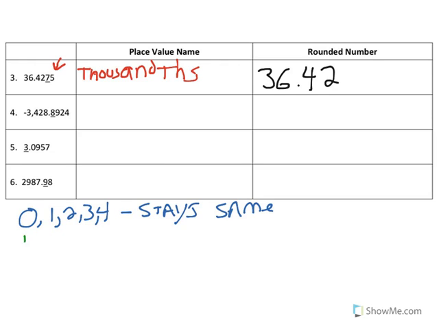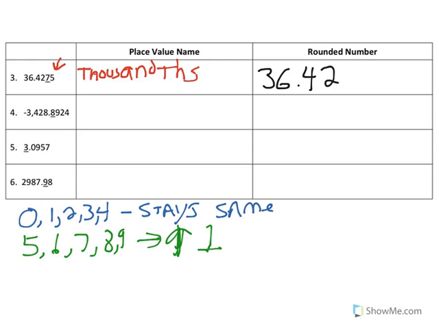And then it's 5, 6, 7, 8, and 9 goes up 1. All right. So 5 is in the goes up 1 stage.